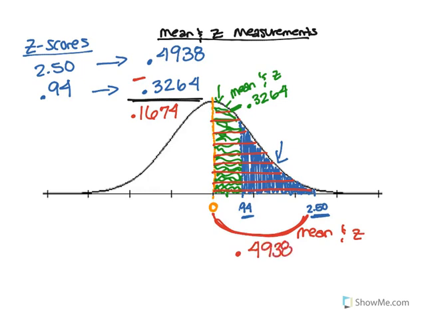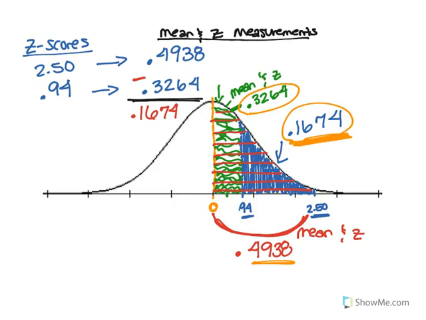And so what you just found is 0.1674. Now that should make sense. These two pieces together add up to the 0.4938. So I kind of had to work backwards to get the 1674.